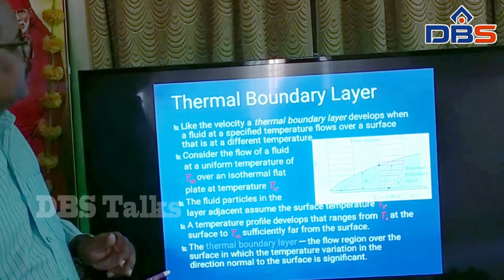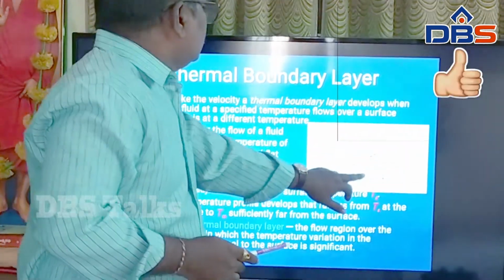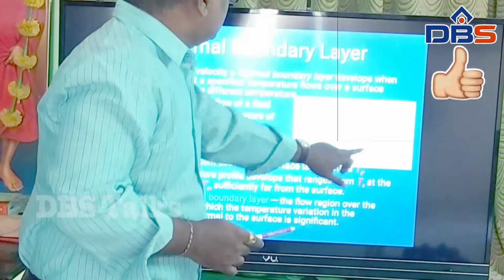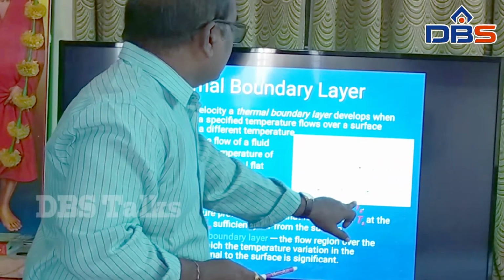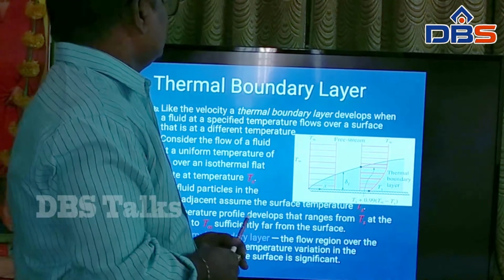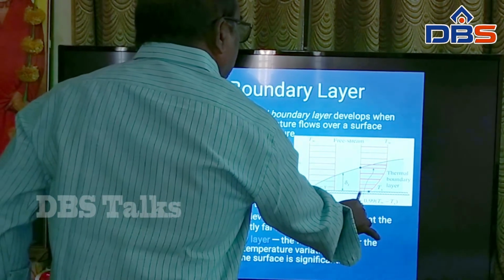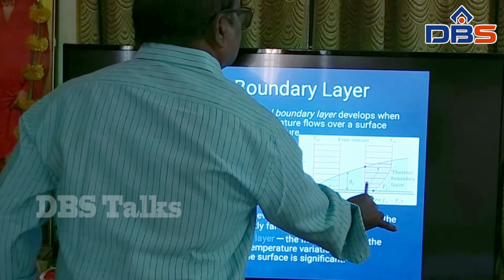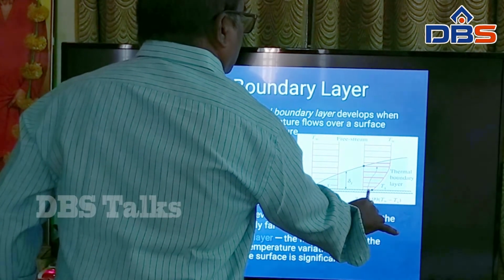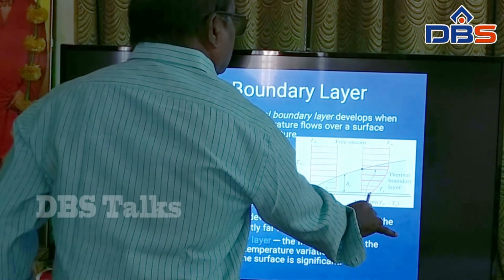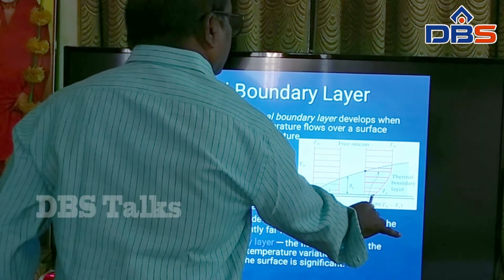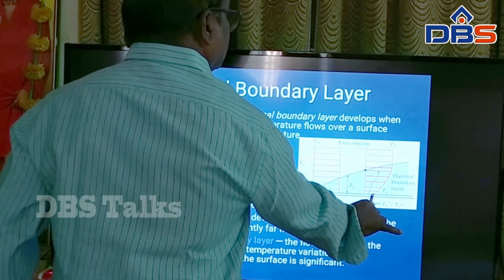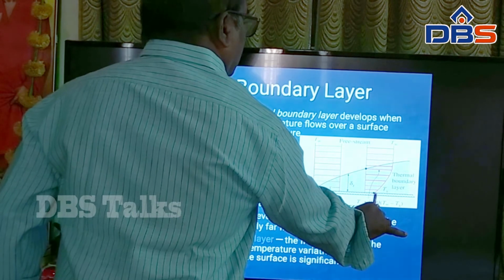Due to heat transfer, the temperature of the fluid inside the boundary layer we can calculate using this equation, and slowly the temperature reduces. There will be more temperature over the surface of the plate.